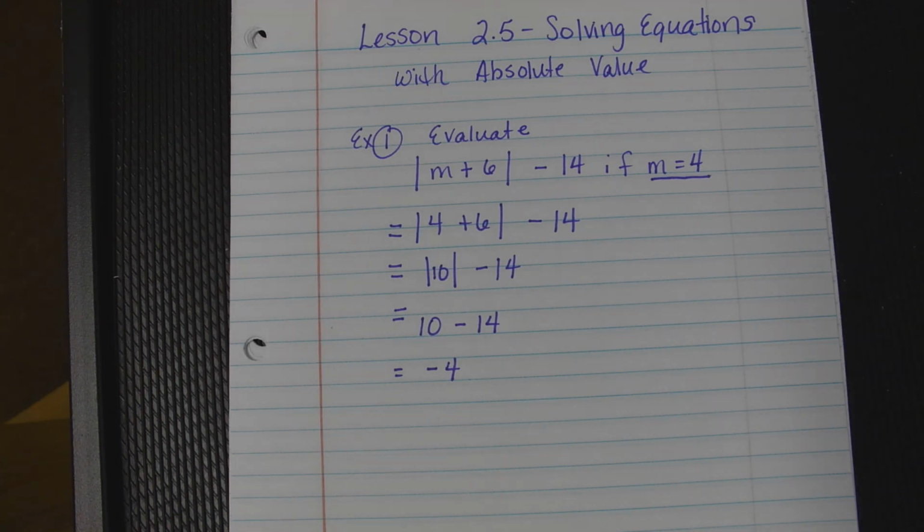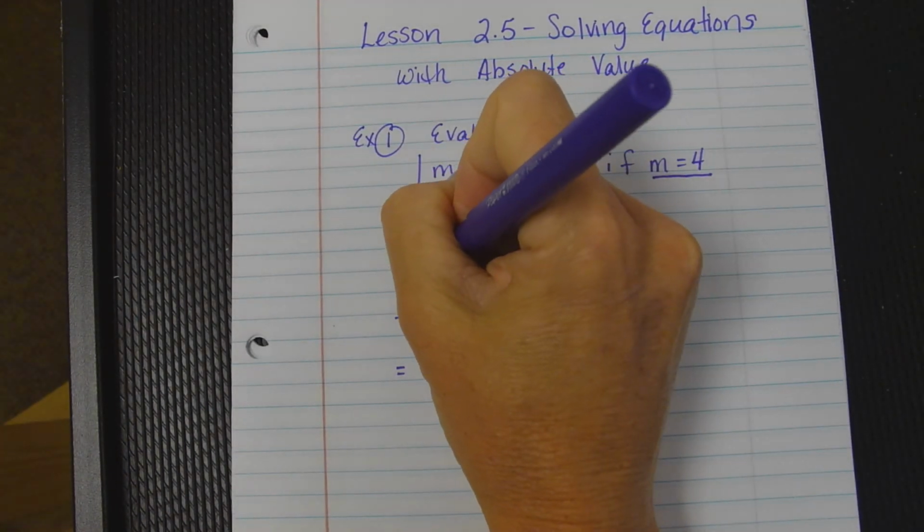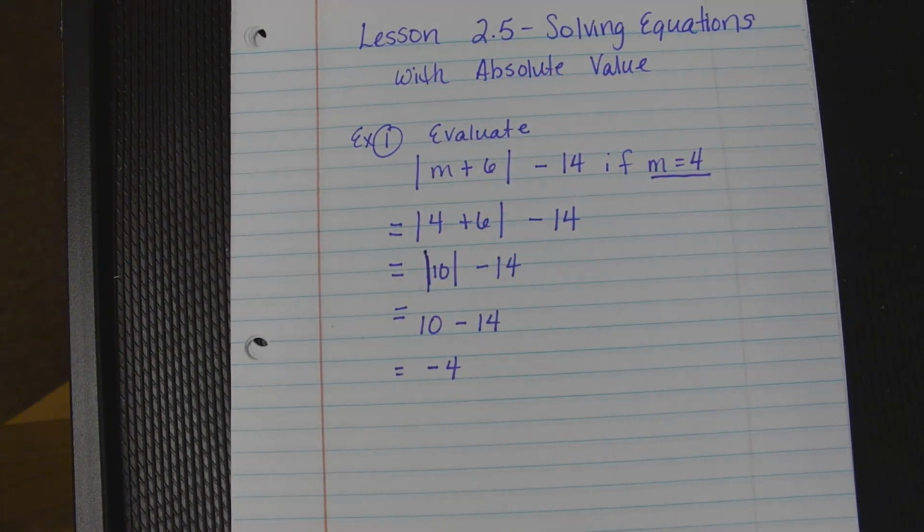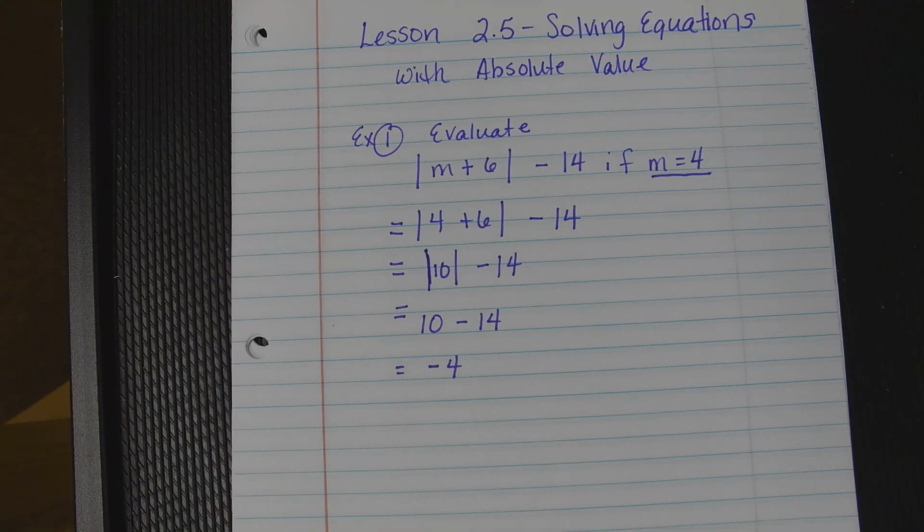Why is my answer negative when I'm talking about absolute value, where everything's positive? Because of what's inside. And what messed it up here? This minus 14. That's why, piece of advice here, make sure your absolute value lines are clear.